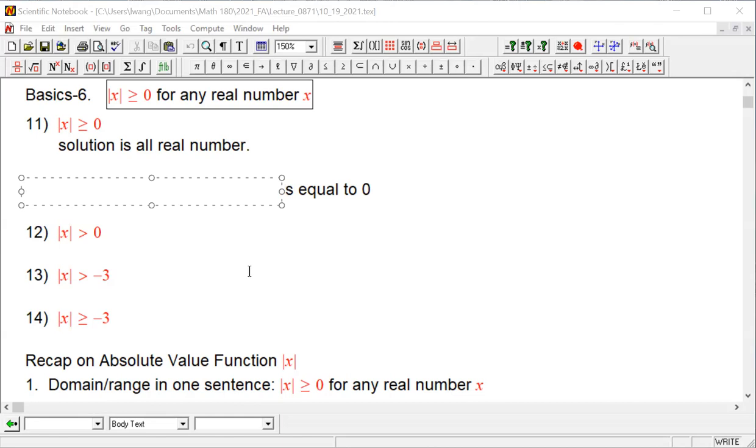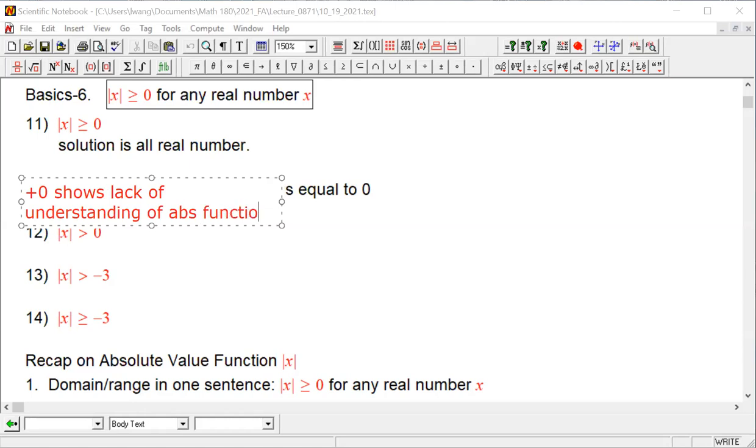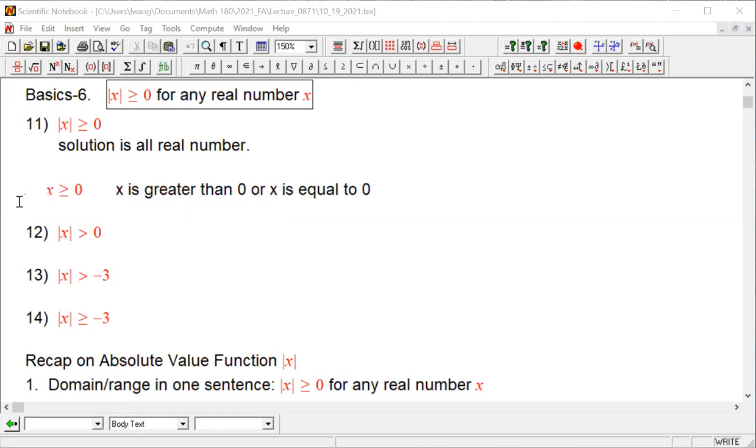If you have a professor as mean as I am, you probably get a 0, because this shows a lack of understanding of absolute value. All right, I hope that's clear. So that's the solution.